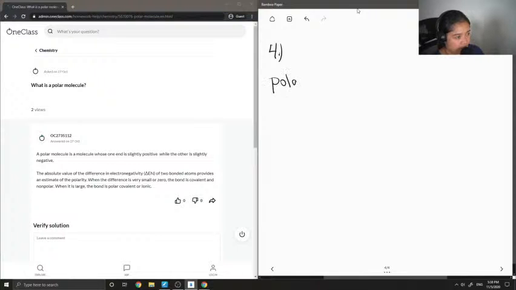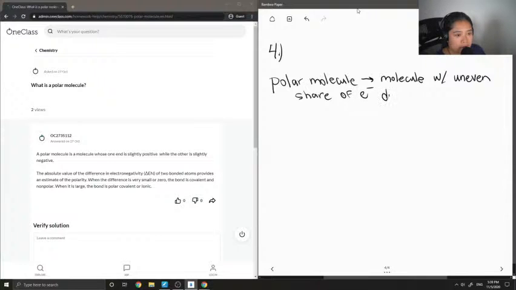Basically, when you have a polar molecule, this is a molecule with an uneven share of electrons due to differences in electronegativity.